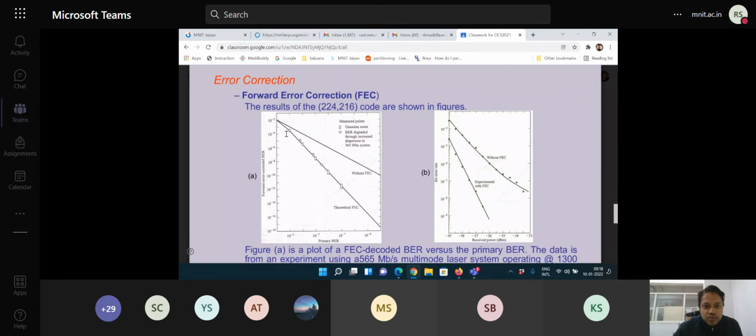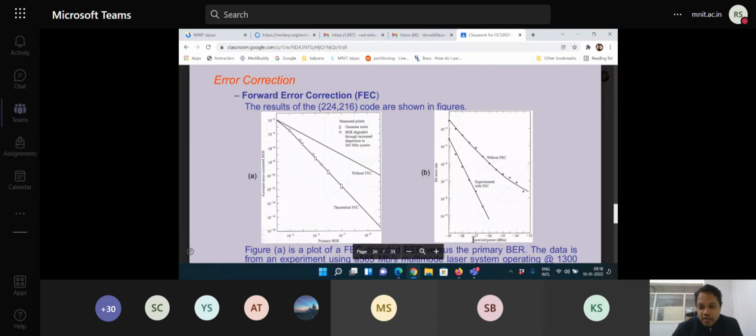Theoretically, this is what you get, meaning forward error correction gives rise to lower BER compared to without forward error correction.